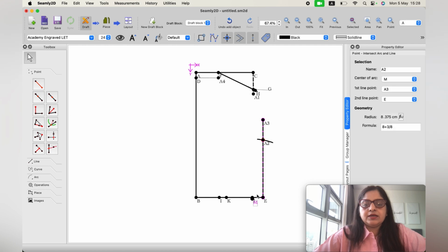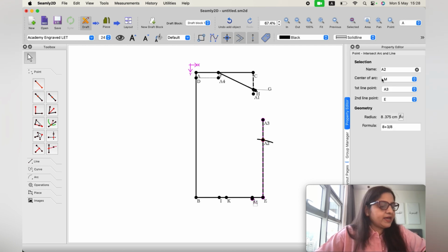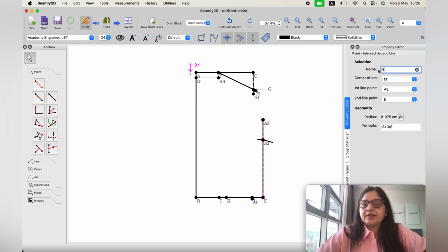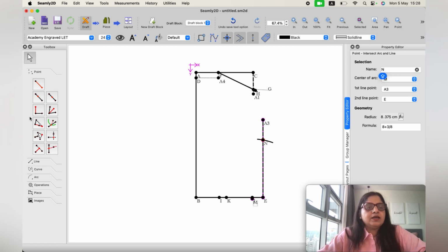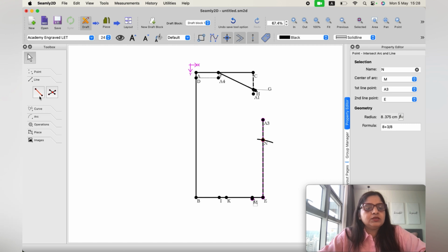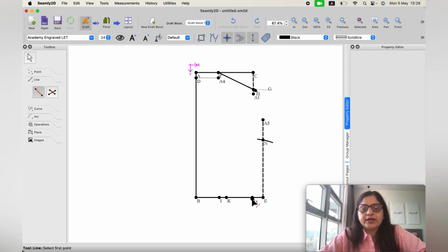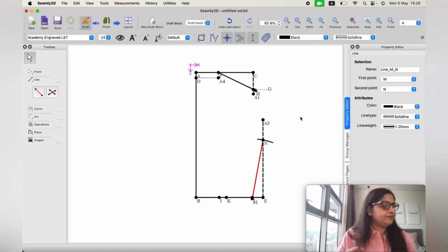Okay, so I got this point, and this point name is N. Okay, now again simply I'll use my line tool to join point M to point N.